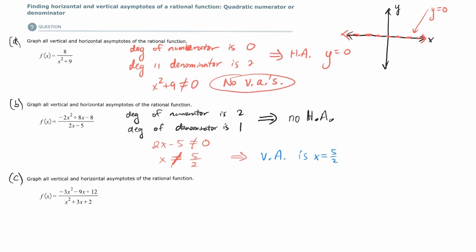So we have a nice little wall here. So x equals 5 halves is right there, right between 2 and 3.